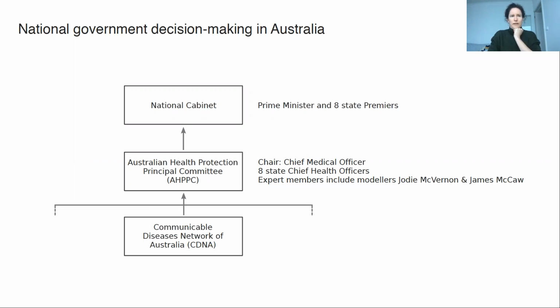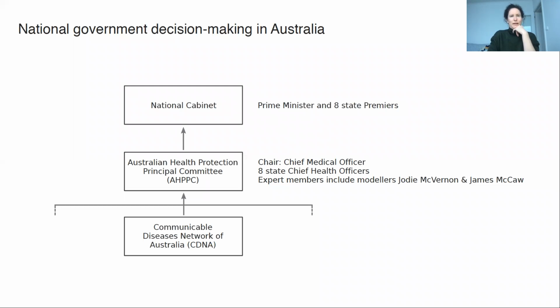We have a national cabinet which was formed in March 2020 in response to the pandemic to improve communication and have coordinated decision making across our 8 states and territories. There's 9 governments to work with in Australia in terms of achieving coordinated decision making.